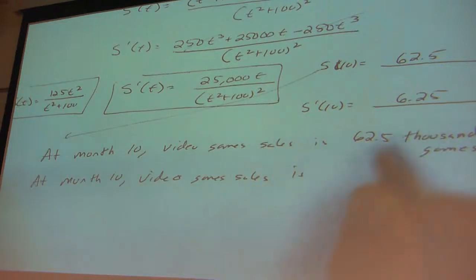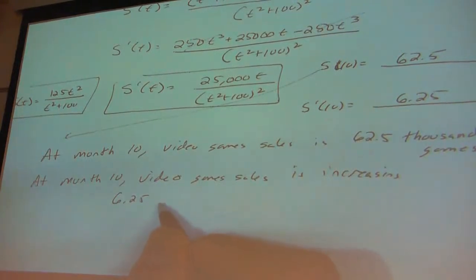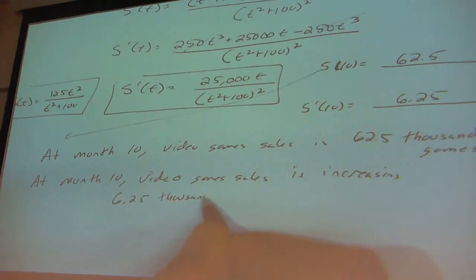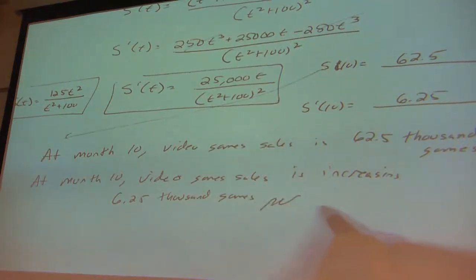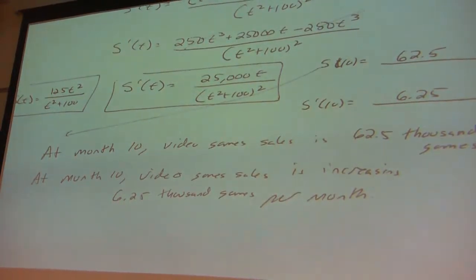How do you know it's increasing? It's positive. 6.25 what? Thousand games, and we already know derivatives better be what? 1,000 games per month. Good. So, what does this mean?